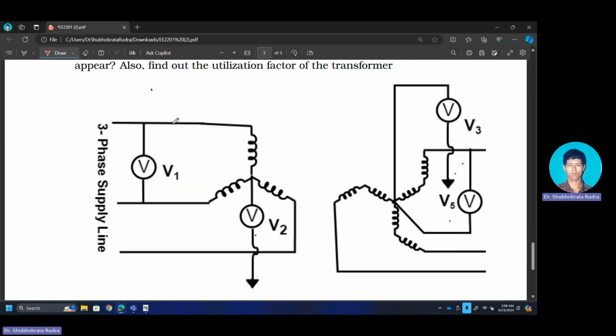However, V1 is measuring the line voltage, and we know in case of star, this V1 is invariant of V2.